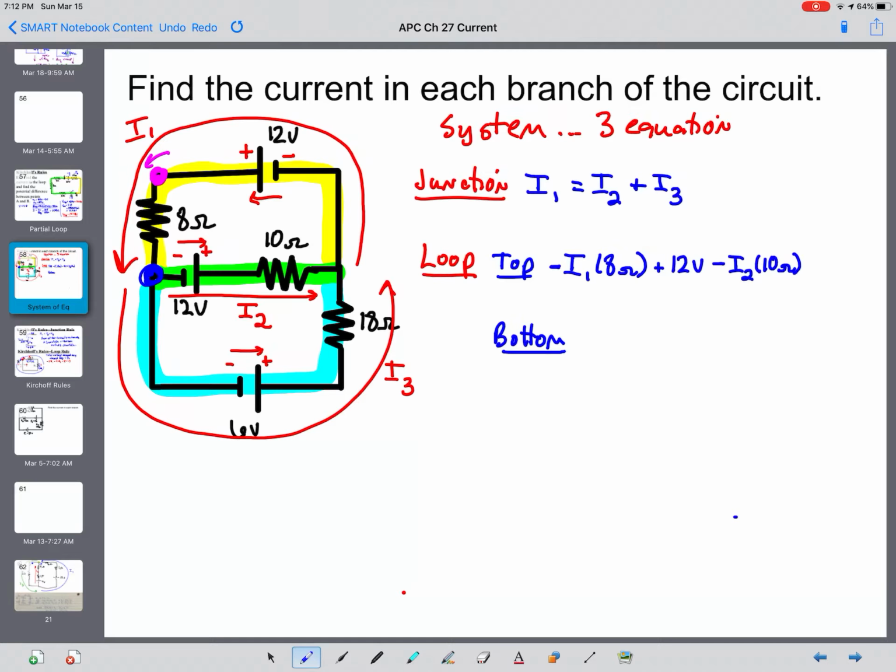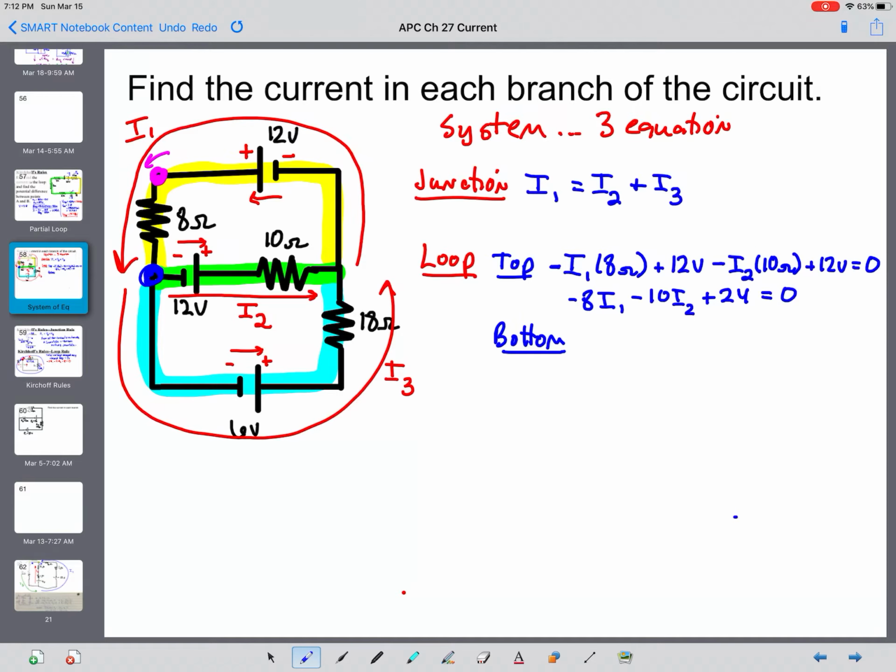I get over to the junction on the right side, go up to the yellow part again, and run into the 12-volt battery, negative terminal to positive terminal, an increase of 12 volts, and my total is equal to 0. Simplifying, this is negative 8 I1 minus 10 I2 plus 24 is equal to 0.